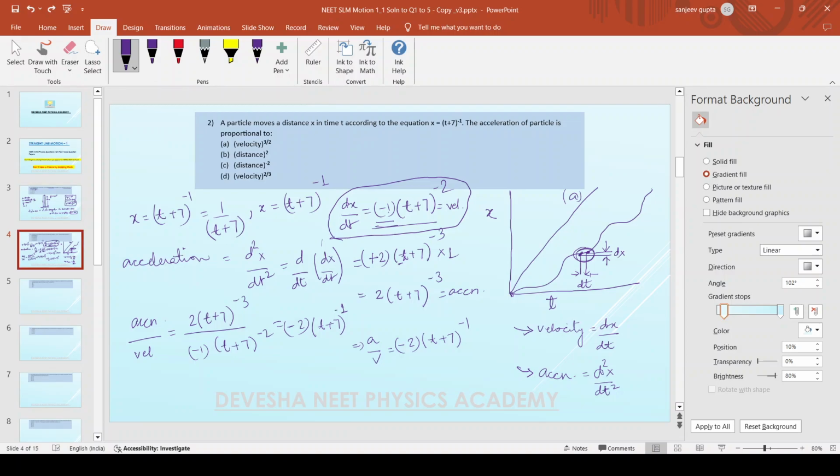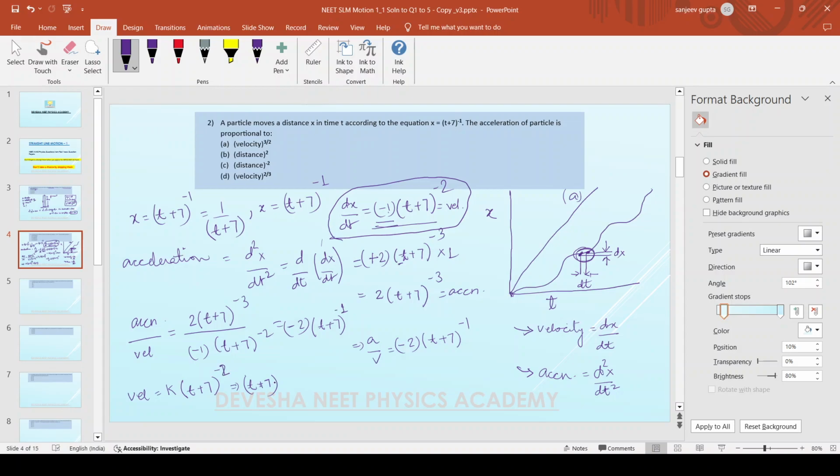So velocity is equal to k (t+7)^-2. Sorry, this is minus 2 actually.